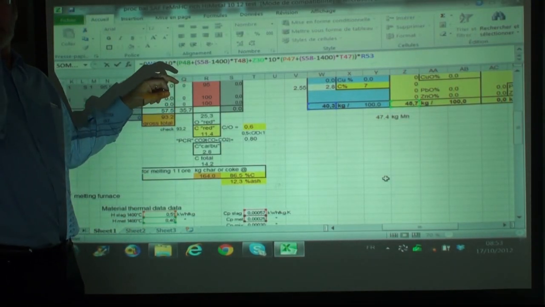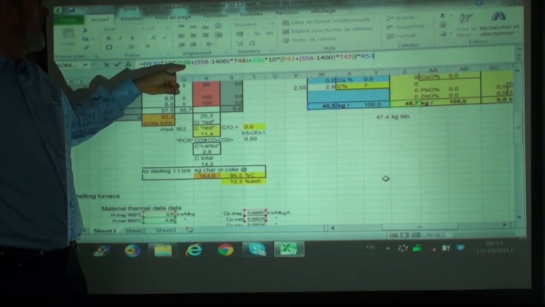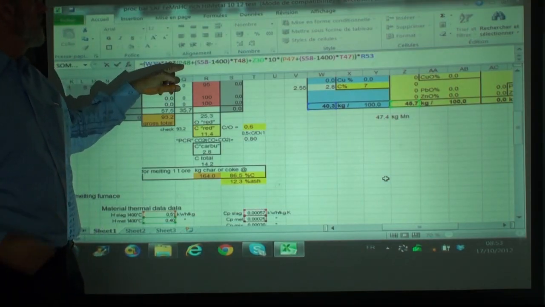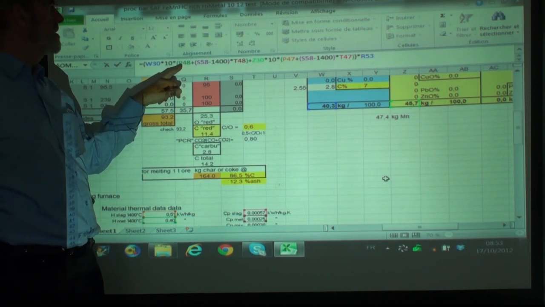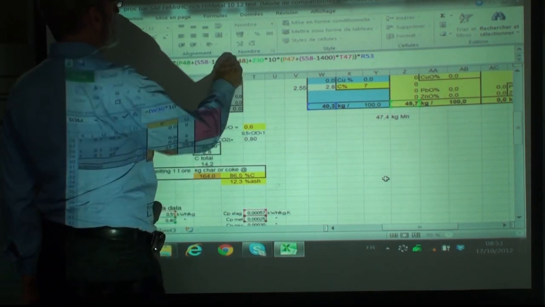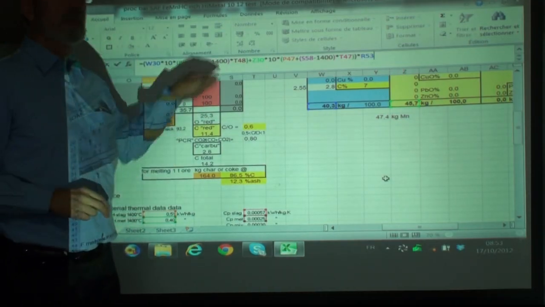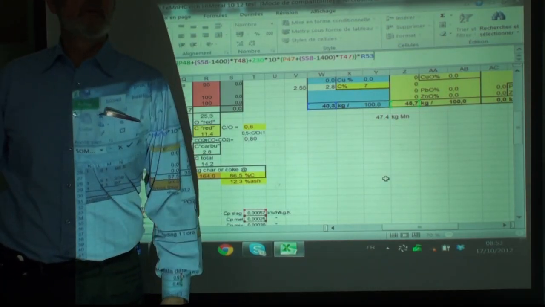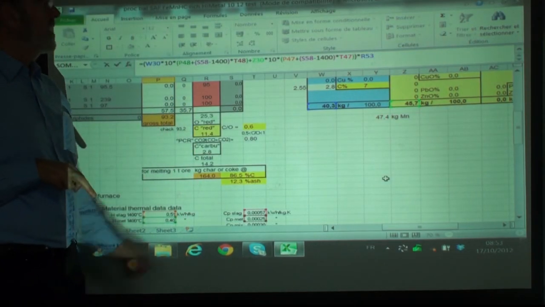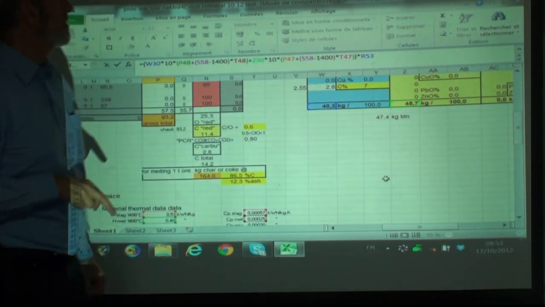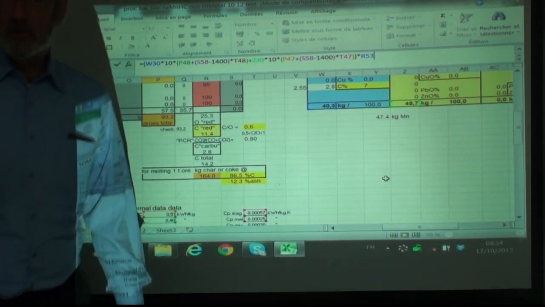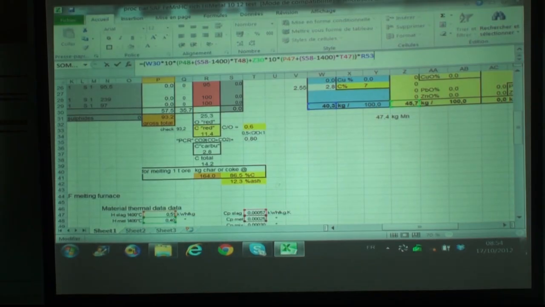and this one, these are the thermodynamic data. This is the H for 1400 degrees, and plus the CP times the delta T. This is exactly this one. And the same for the slag. Yes, it is here.